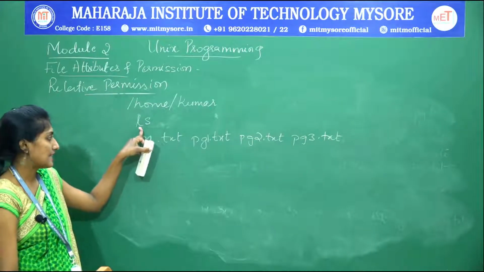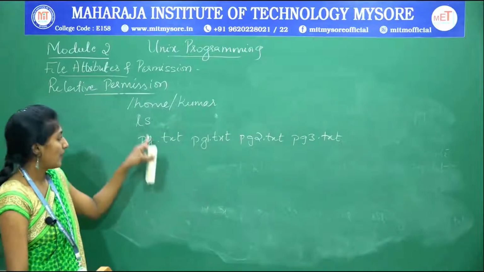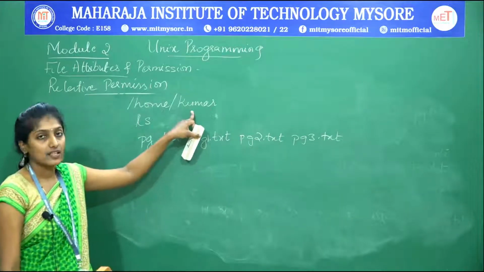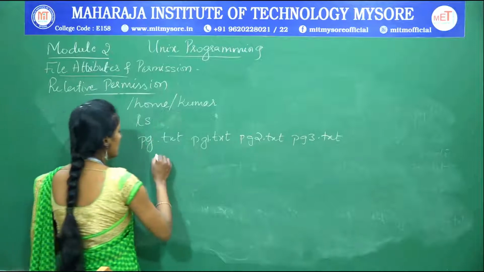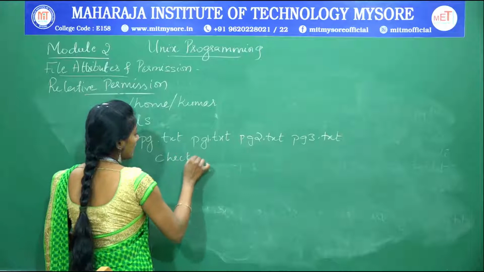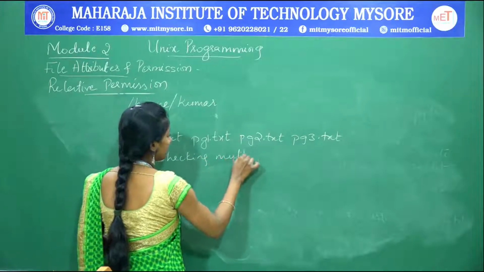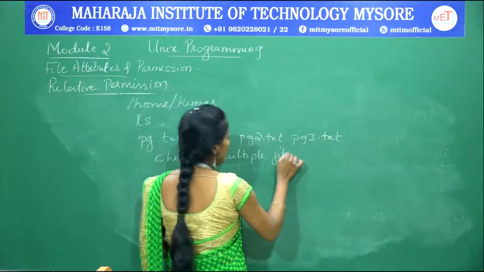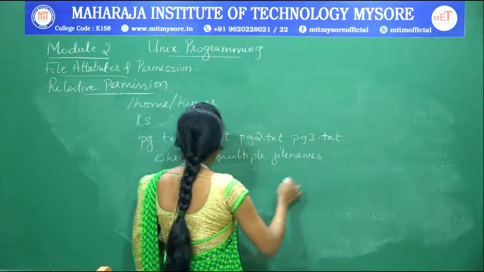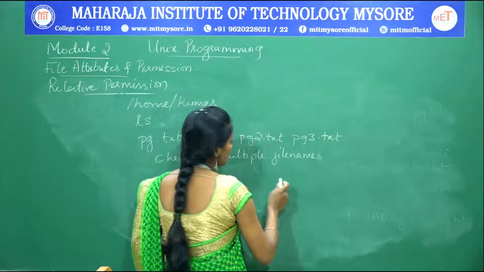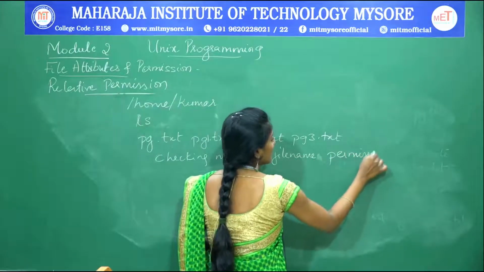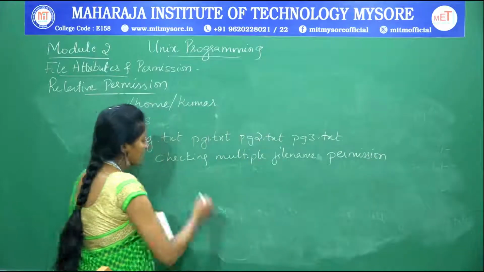By using the ls command you can list them out. If you just provide ls, it is going to list out all the files under the directory Kumar here. So checking multiple file name permission using chmod.